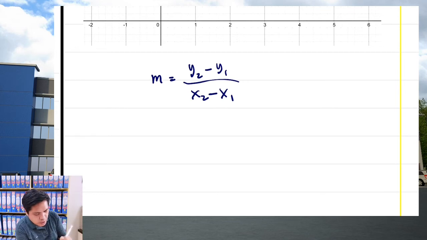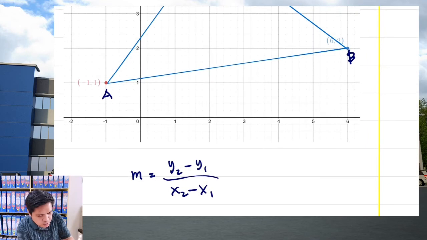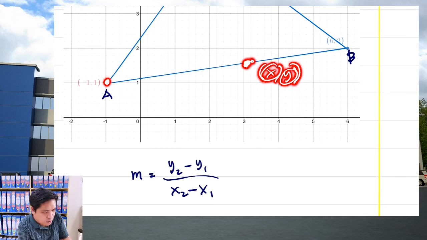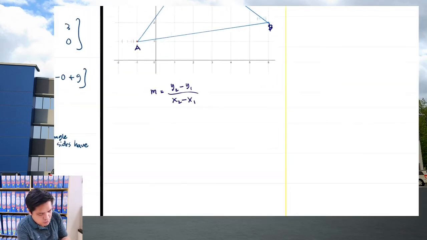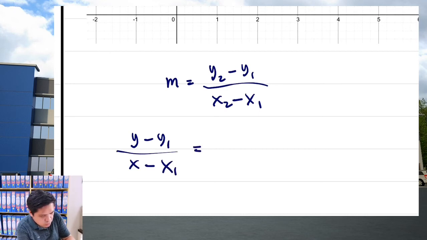So therefore, if we let x1 be A, and we are looking at any point dito with coordinates xy, so generalize na lang, that would be y minus y1 over x minus x1. And the same slope din siya dito.